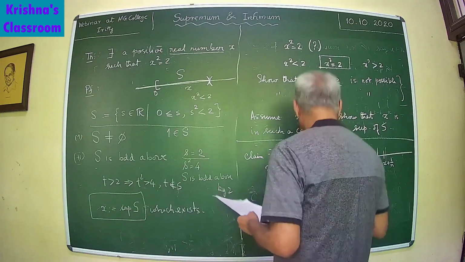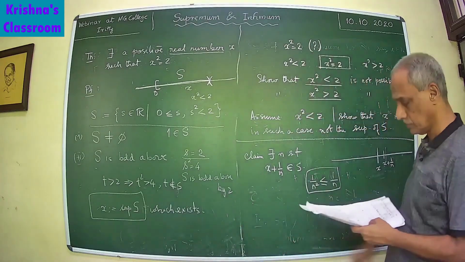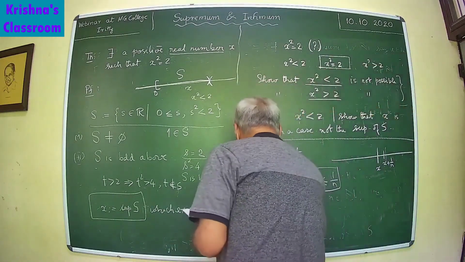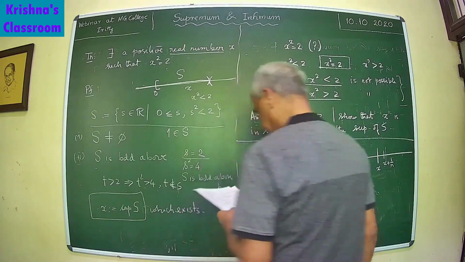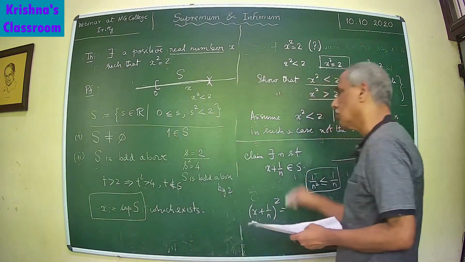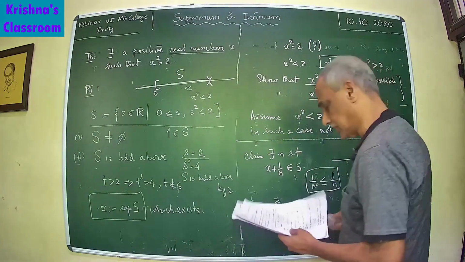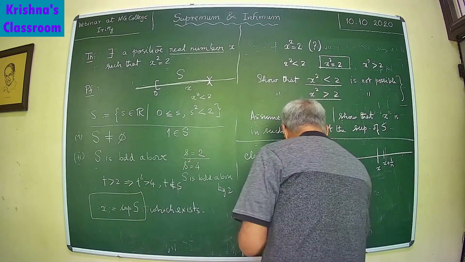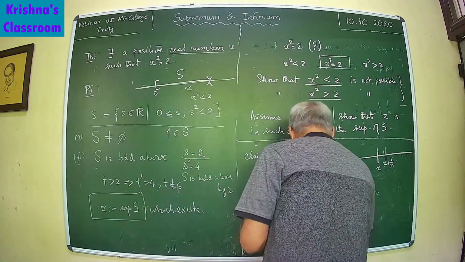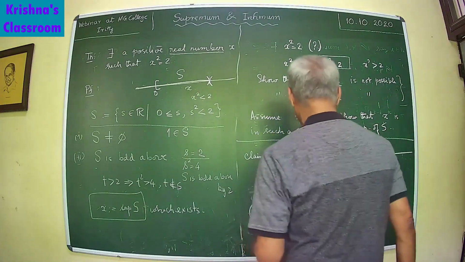So this is what you want to prove. Let us see whether you can do this. You compute x plus 1 by n whole square. Ultimately the whole of analysis will boil down to some hard work of computations. This is x square plus 2x by n plus 1 by n square.